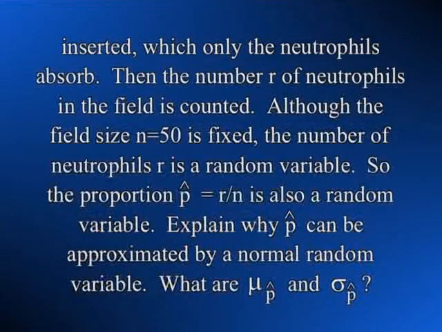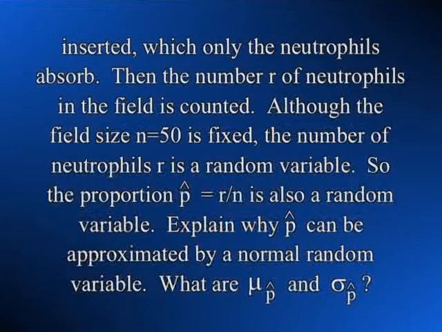Although the field size n equals 50 is fixed, the number of neutrophils R is a random variable, so the proportion p-hat equals R over n is also a random variable. Explain why p-hat can be approximated by a normal random variable, and then what are the mean and standard deviation for the p-hat distribution. Well, let's answer the question about why p-hat can be approximated by a normal random variable first.